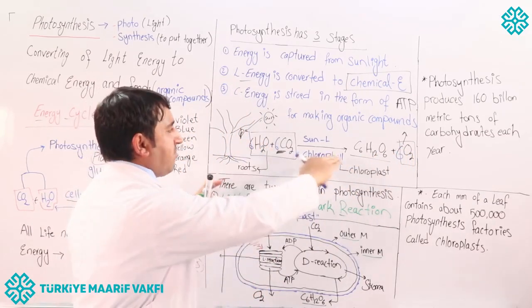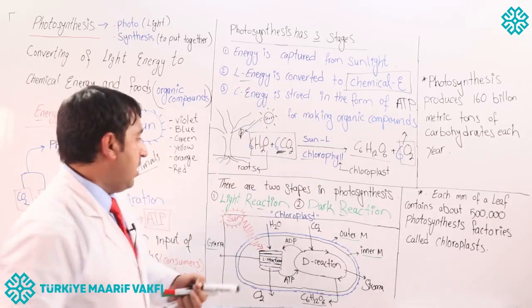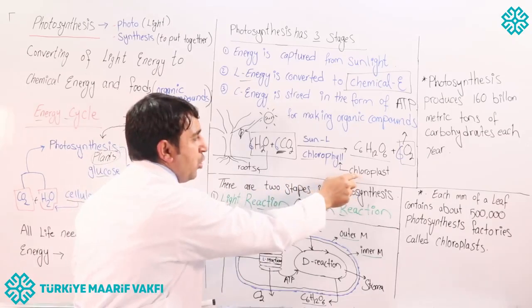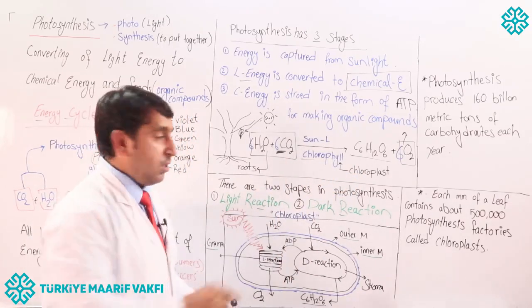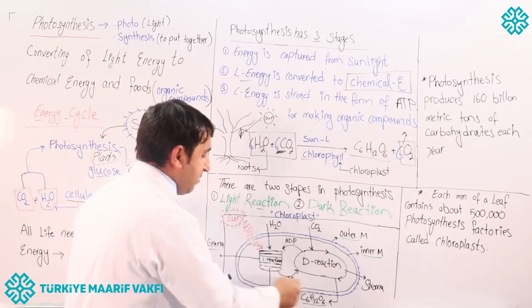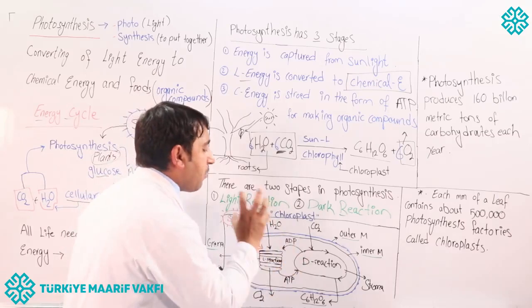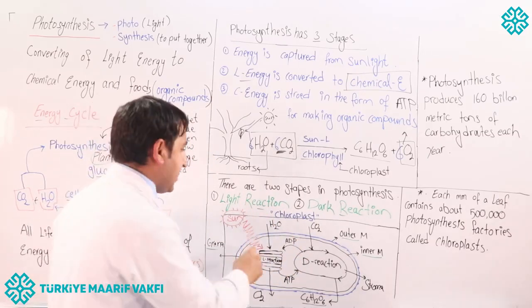So now this reaction of photosynthesis is in the balanced stage. If we look at the chloroplast, photosynthesis occurs in the chloroplast, which is the organelle of the plant cell.